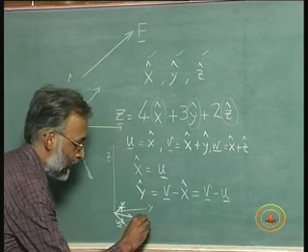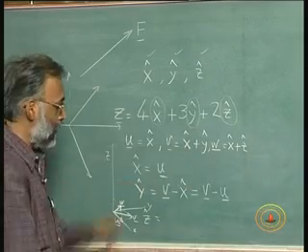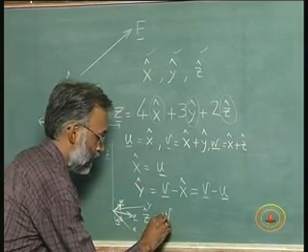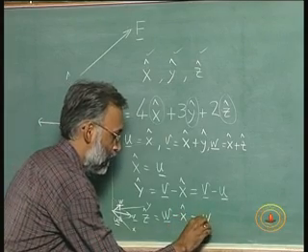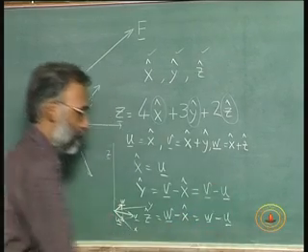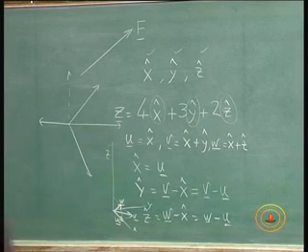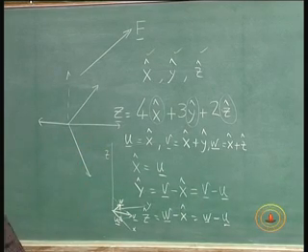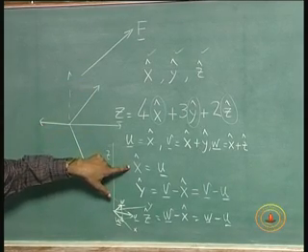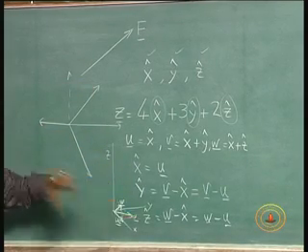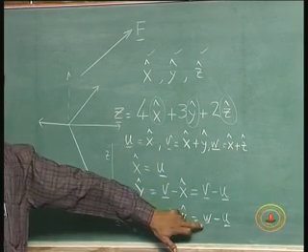Similarly, z hat is equal to w minus x hat, which is equal to w minus u. It is a particularly simple example because I chose it that way. So, I can write down what unit vector along x, unit vector along y and unit vector along z are in terms of u, v and w.